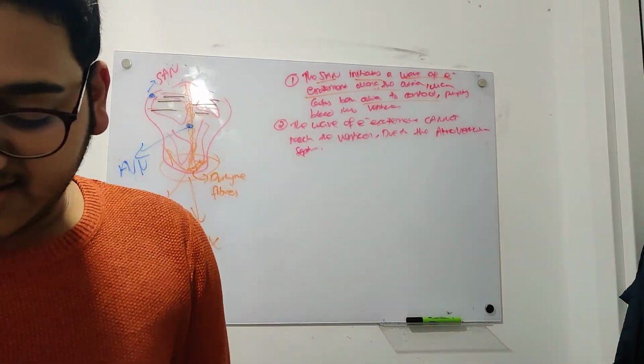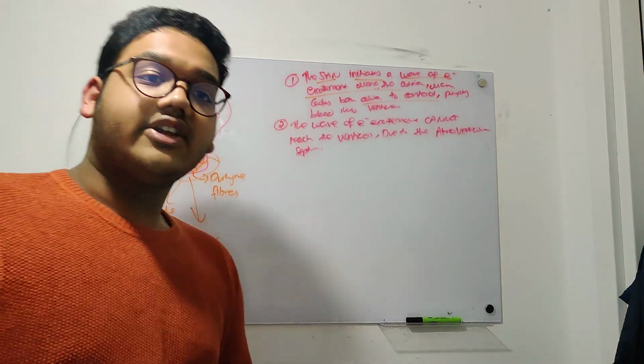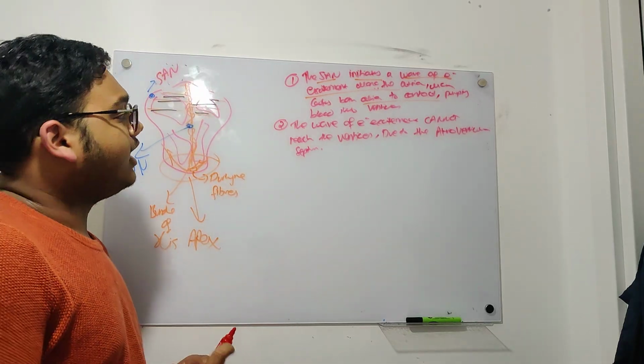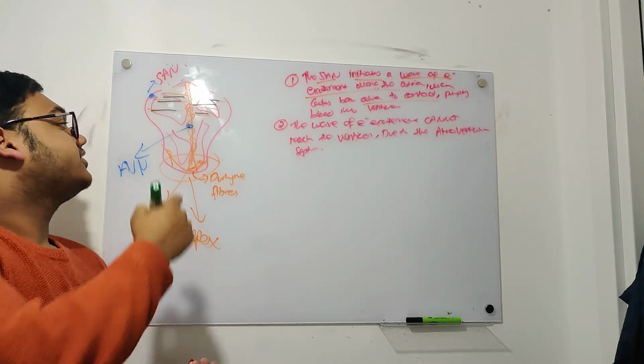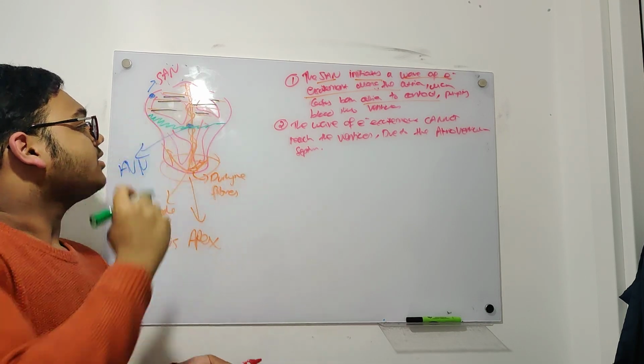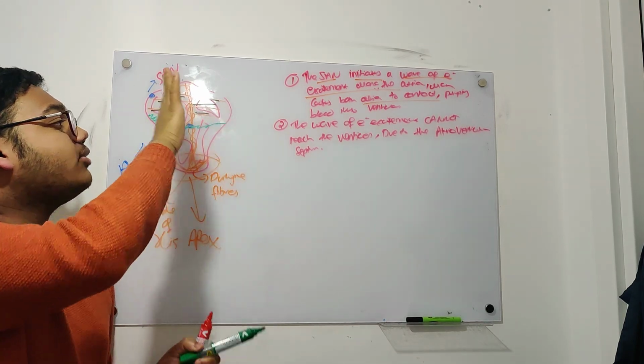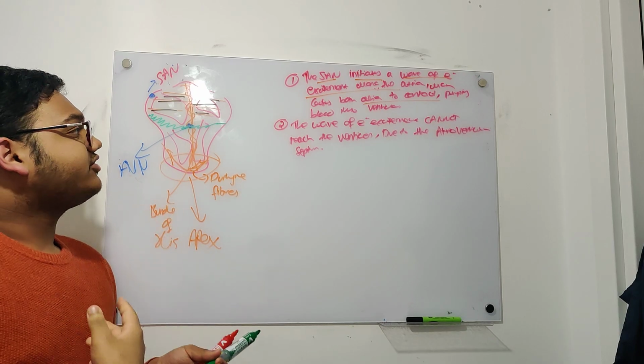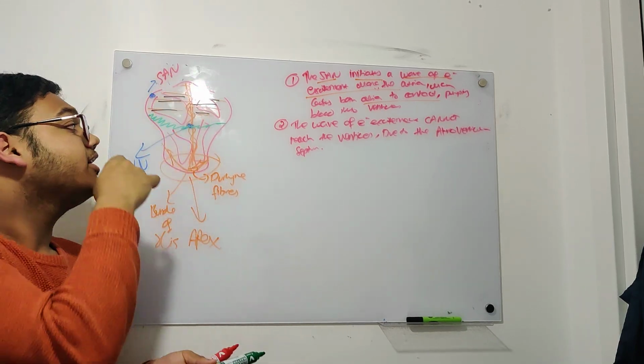This is where it gets a bit weird, but the atrioventricular septum is basically some non-conductive tissue, and it's found over here. And it essentially stops that wave of electrical excitement from passing through it.